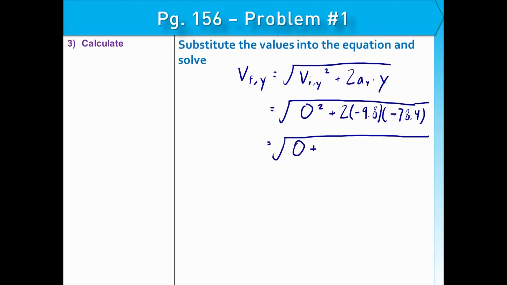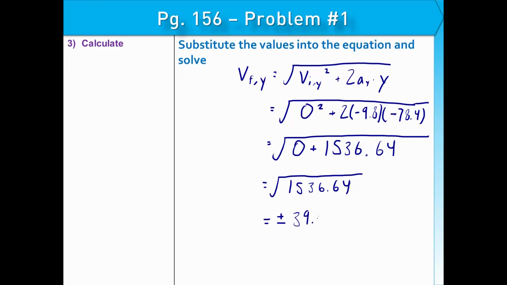And 2 times 9.8 times 78.4, I get 1,536.64. 0 plus that means I'm going to just get the same number, 1,536.64. The square root of this number will give me a plus or minus 39.2 meters per second.